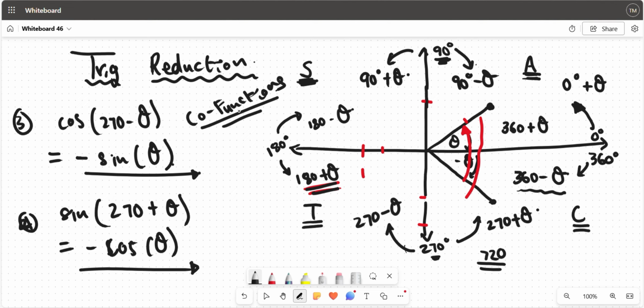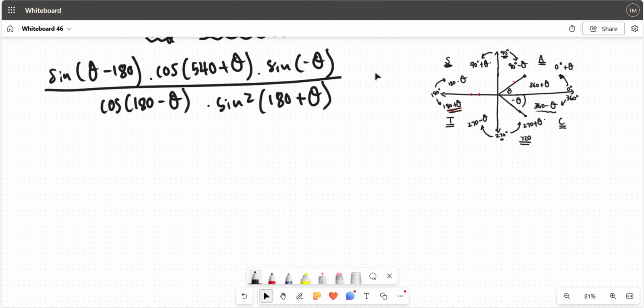And I think at this point we've built enough knowledge to actually go and apply them onto some examples. So let's simplify some examples and let's see what we get. Alrighty, so let's simplify this expression here using our reduction. So we have sine of theta minus 180.